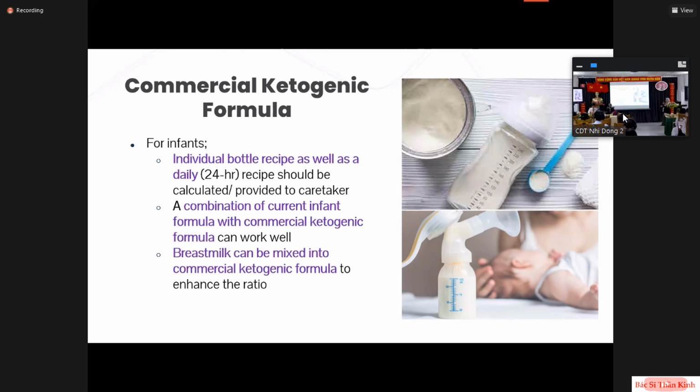It must be calculated and provided to the caretaker, and the current infant formula that they are using now can be mixed with commercial ketogenic formula, just with calculation to make up the ratio. And what about the breastfeeding infant? The breast milk is actually safe to be mixed with the commercial ketogenic formula to enhance the ratio. It is safe.